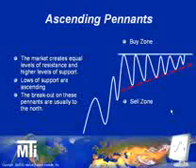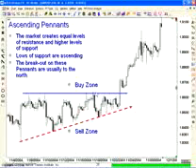Now this is what's called an ascending pennant. The market creates equal levels of resistance and higher levels of support. The lows of support are ascending. The breakout on these pennants is usually to the north, but nothing is 100%. So here's what it looks like on a chart.